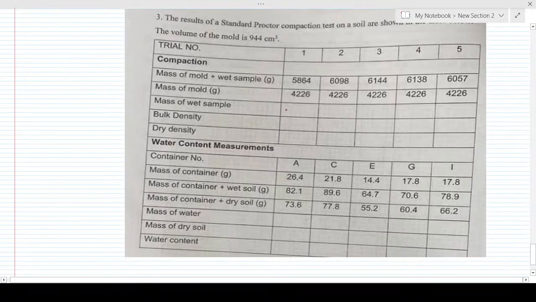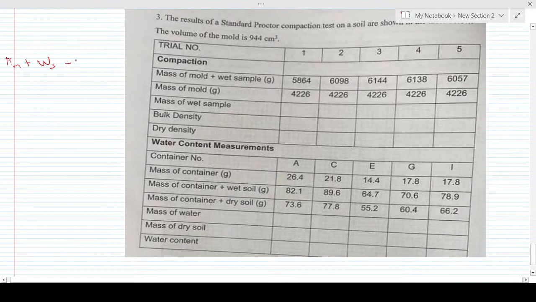So this aspect is the mass of wet sample. Now, from here, you have the mass of mold plus wet sample, and I have the mass of the mold.